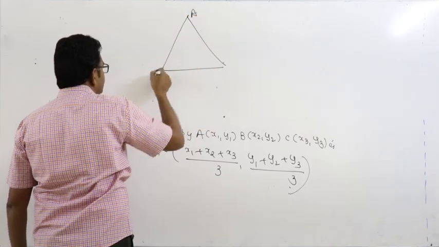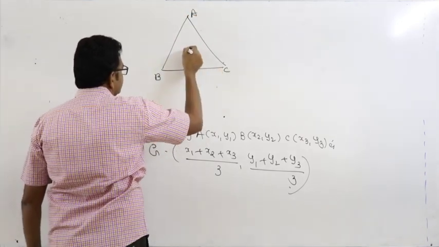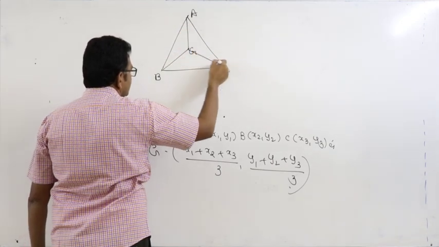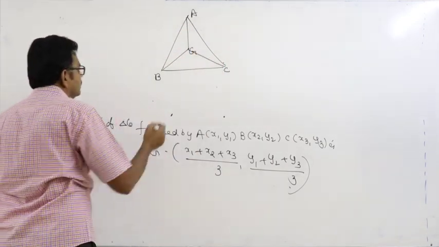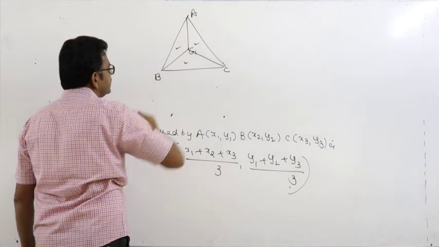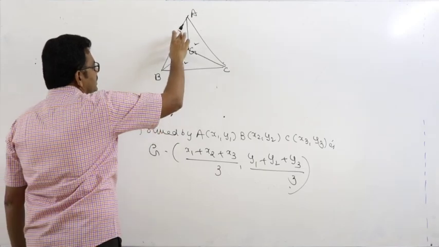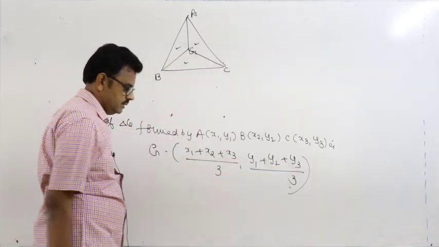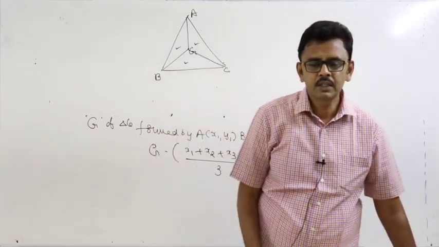A, B, C. This is G, centroid. Now, these three areas are equal. And also the area of each part is 1/3 of area of triangle ABC.